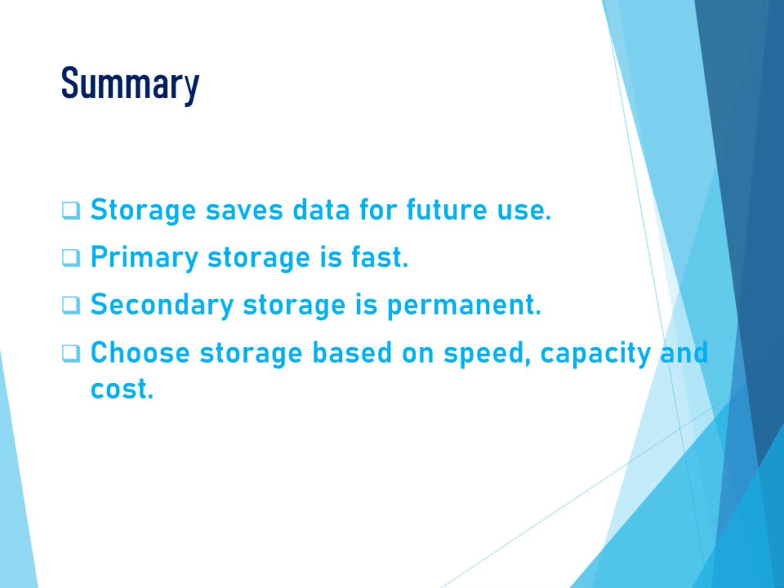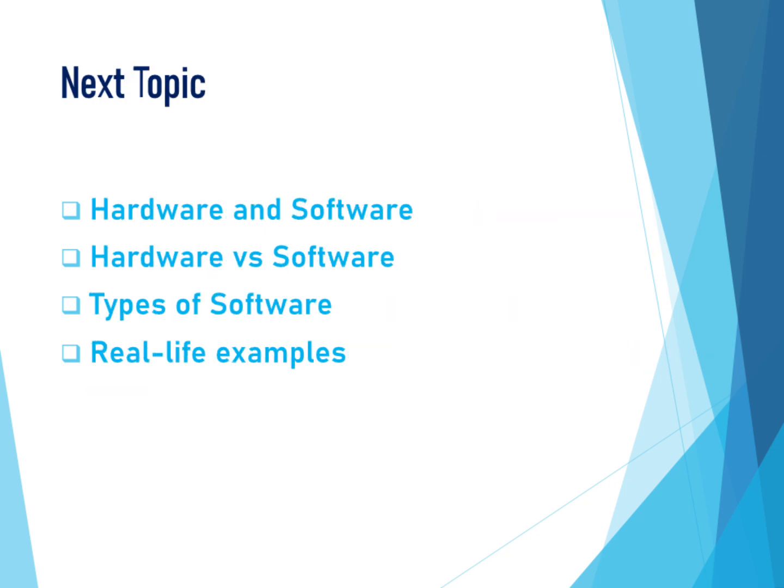SSDs are faster while HDDs are generally cheaper. Storage is measured in bytes, kilobytes, megabytes, gigabytes, terabytes, and beyond. Finally, always keep backup and protect your data. Understanding storage devices helps us use computers more efficiently and safely.